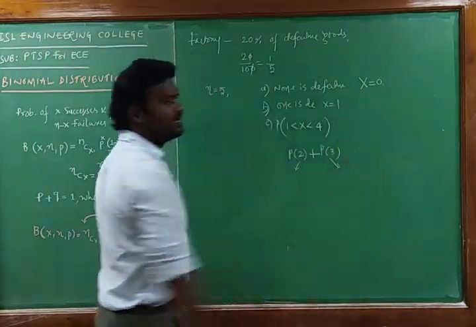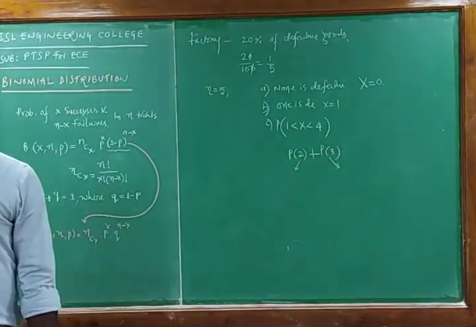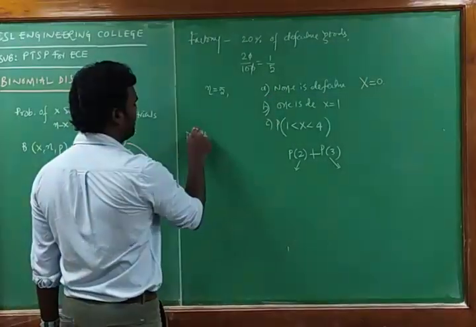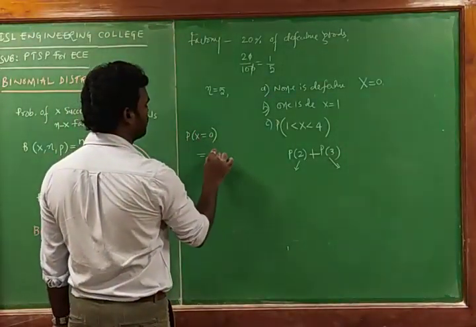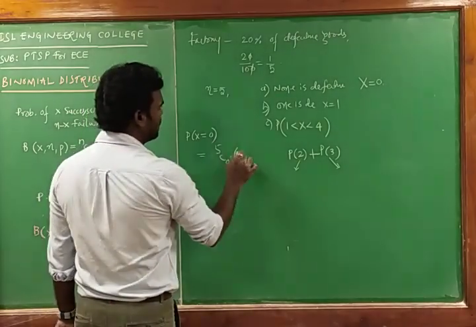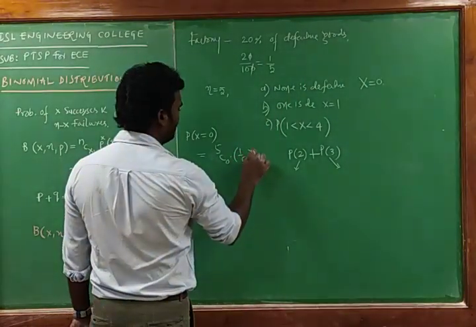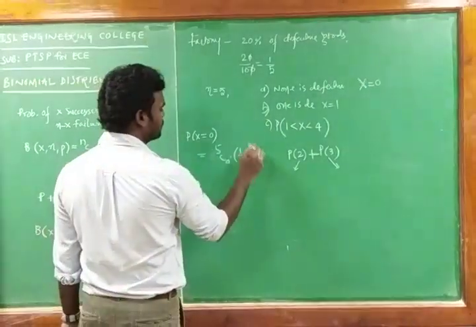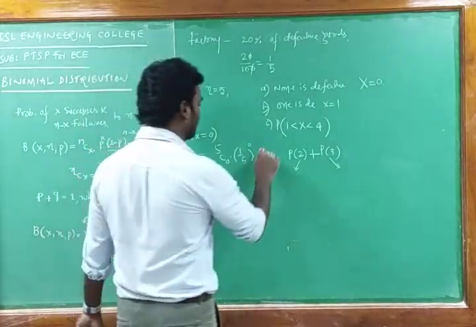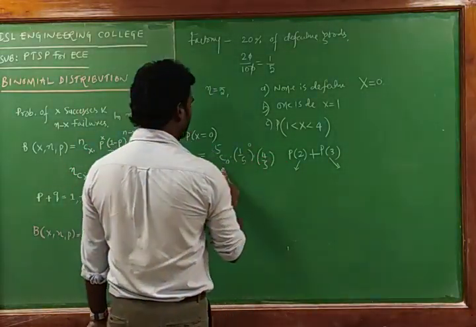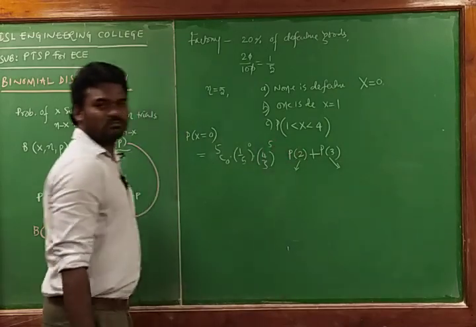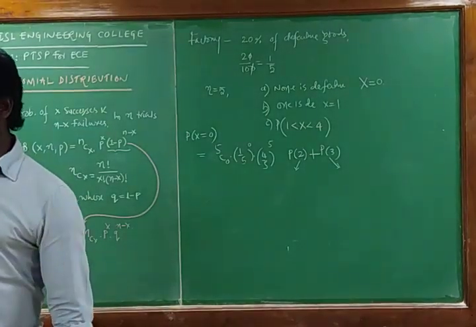So for x equal to 0, the probability of x equal to 0 is 5C0 into 1 by 5 to the power of 0 into 1 minus 1 by 5, that is 4 by 5, to the power of 5 minus 0, that is 5. If you simplify this, you can get the answer.